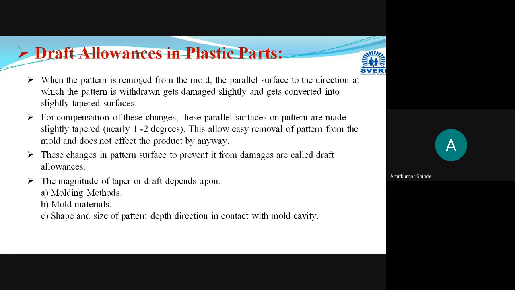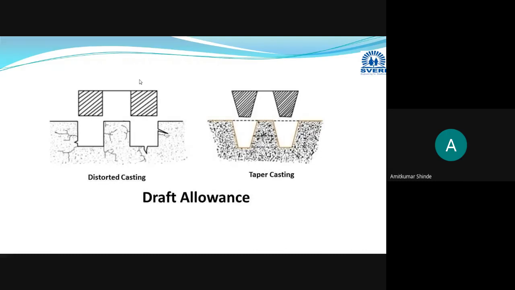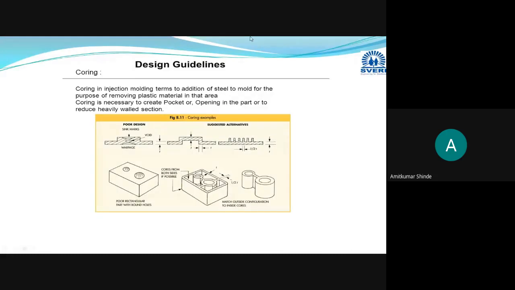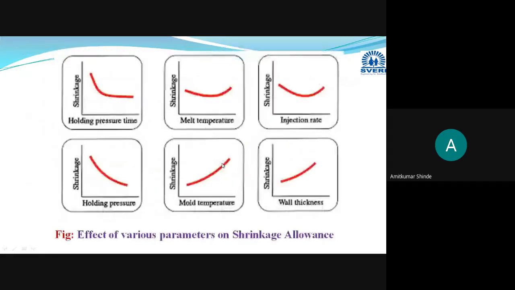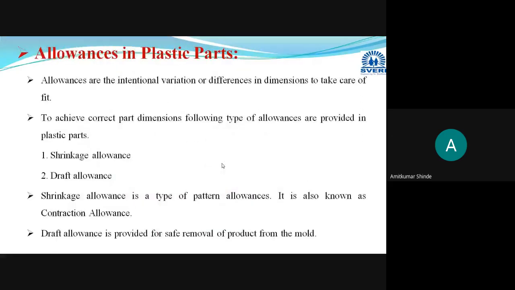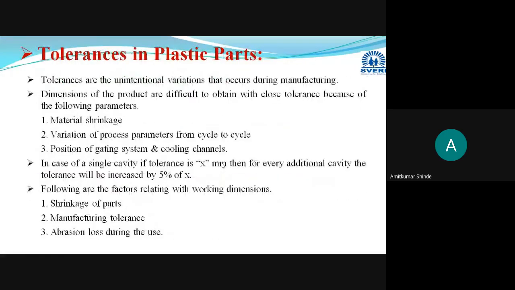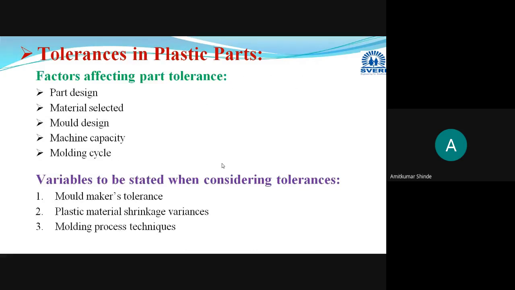So in this way, in this session we have discussed this. In the next session we will see some design guidelines. I will summarize today's session. In today's session, we started with the meaning of tolerances, the meaning of tolerance and the factors affecting tolerances in plastic parts.